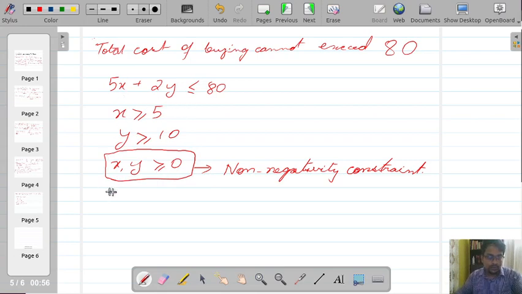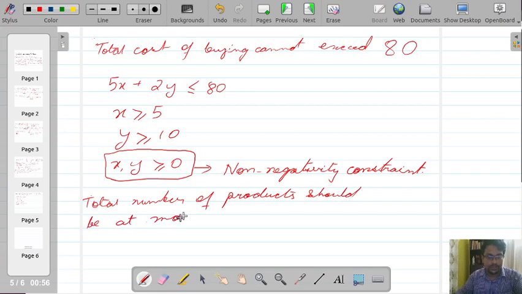Suppose I give you another restriction now, that the total number of products that you buy should be at most, say, 30. I have used at least already, so let me use at most.